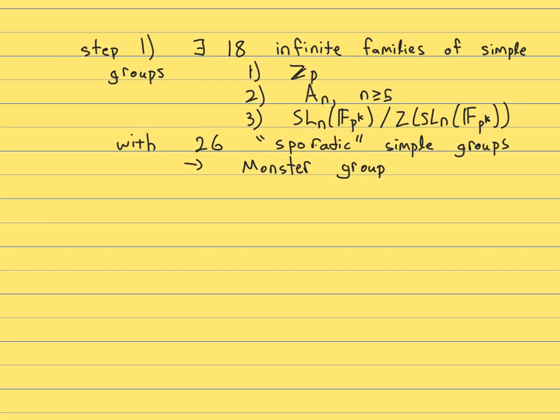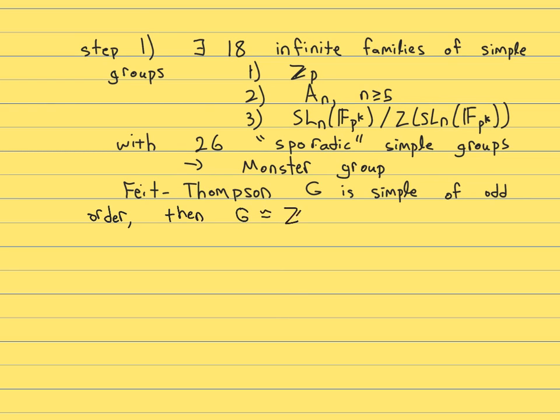In fact, one of the theorems in the area is the celebrated Feit-Thompson theorem, which just says that if G is simple of odd order, then G is isomorphic to Z mod P. That's not actually what they originally said. If I remember correctly, it says if G is a group of odd order, then it is solvable.